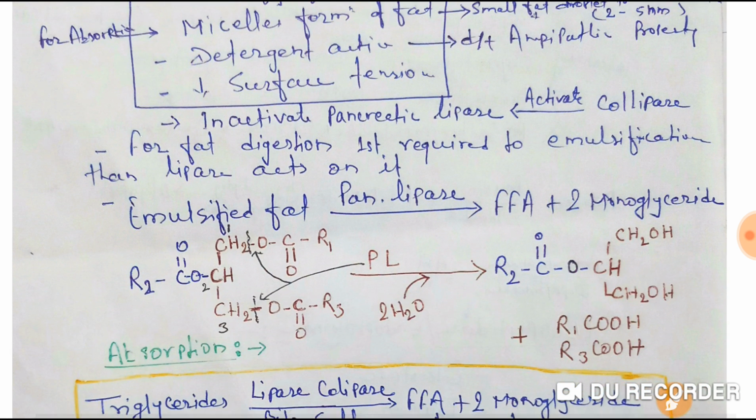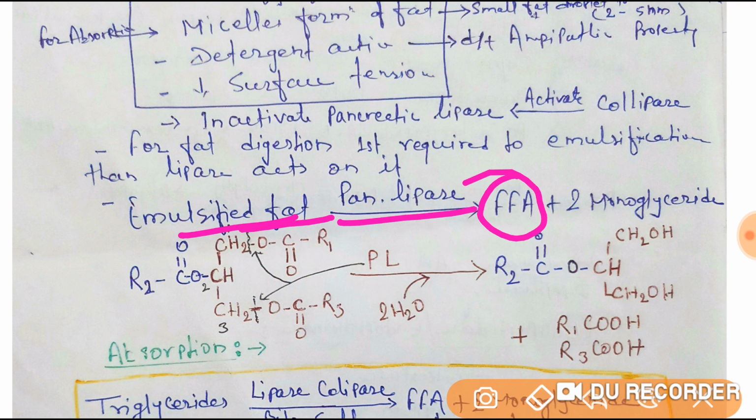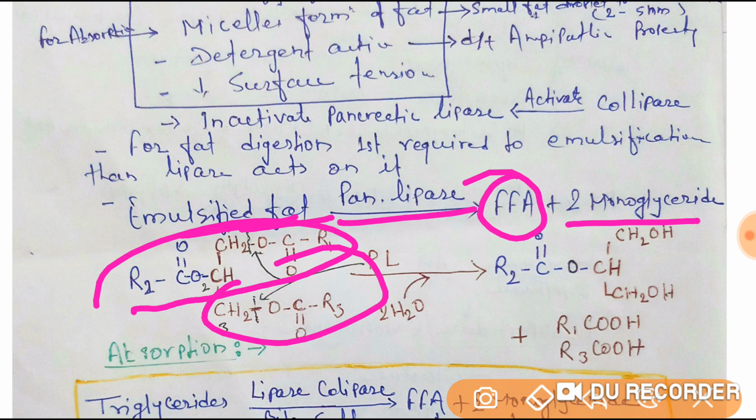By the action of pancreatic lipase, it is converted to free fatty acid and 2-monoglyceride. Here is the structure: 2-monoglyceride and 1 free fatty acid.